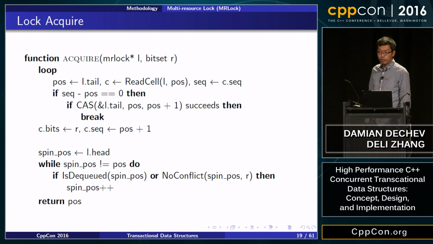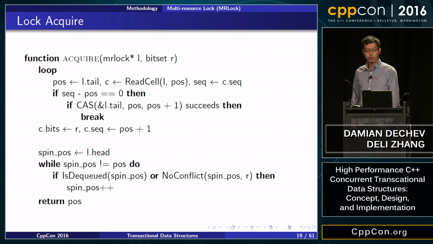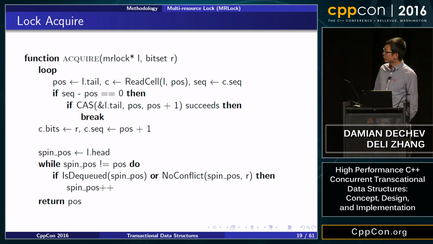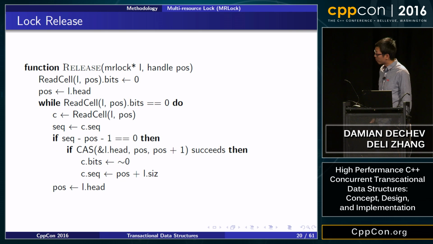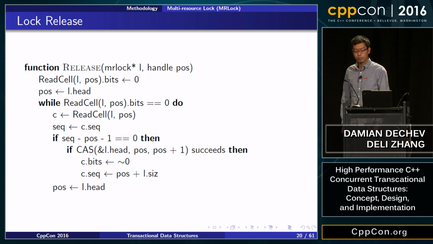It spins from the head of the queue to detect any outstanding resource conflict until it reaches the position allocated to this thread. Once the lock acquire function returns, it returns to the user a spin position, which will serve as a lock handle to be used in the release function.